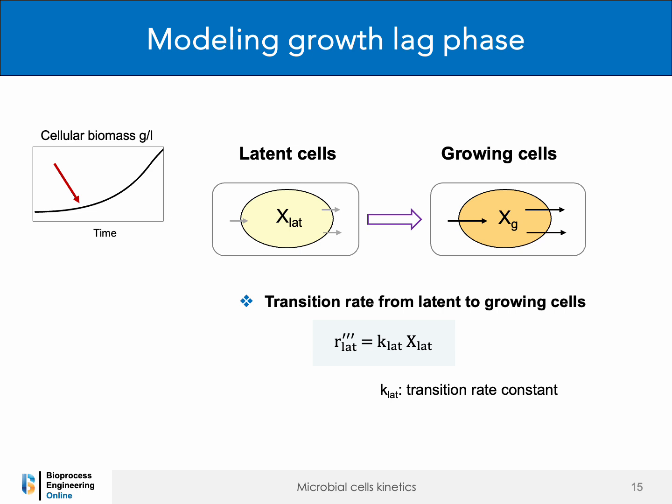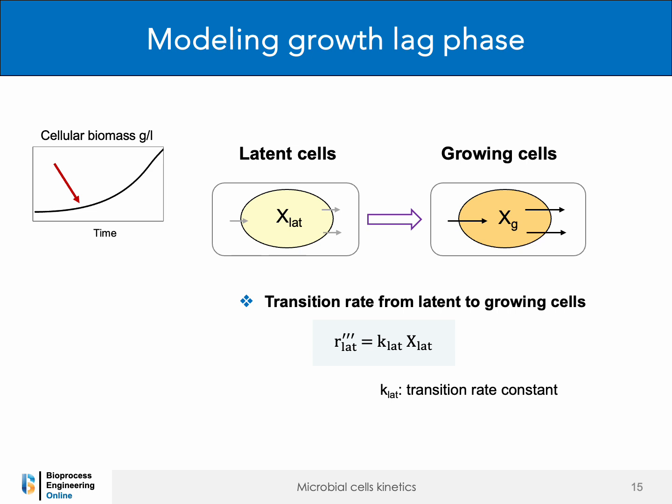The initial slow lag phase corresponds to the adaptation of the inoculated microbial cells to their new medium environment. This latency phase is conceptualized as follows. Initially, the inoculated cells are in a dormant state, with minimal metabolic and growth activity. These latent cells XLAT gradually transition into actively growing cells XG.